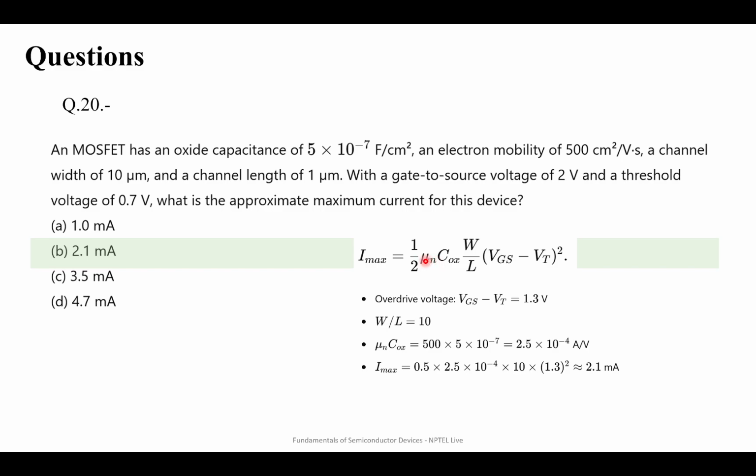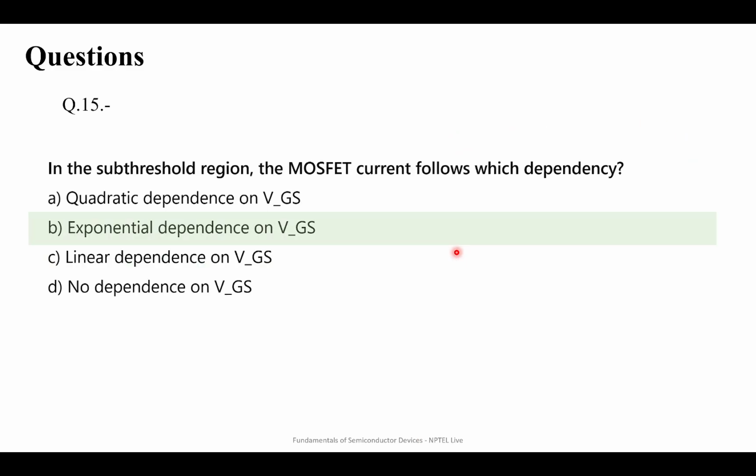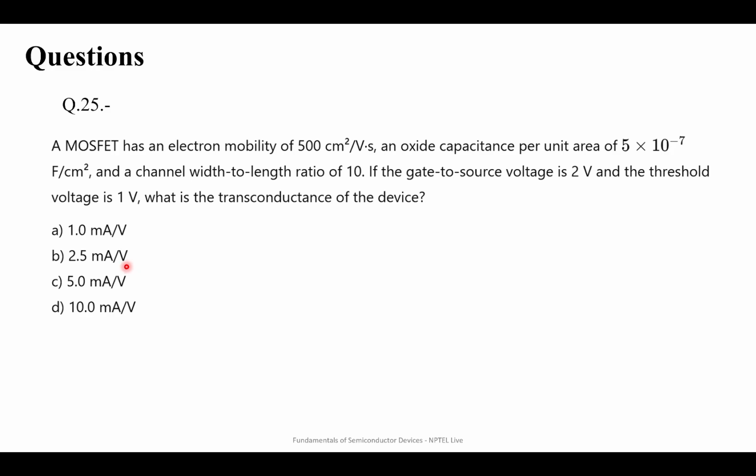So mu n is 500, Cox is 5, W by L is 10, and VGS minus VT is 1. If you multiply all that, you will get 2.5 milliampere per volt. Sir, one minute, see the formula, sir.